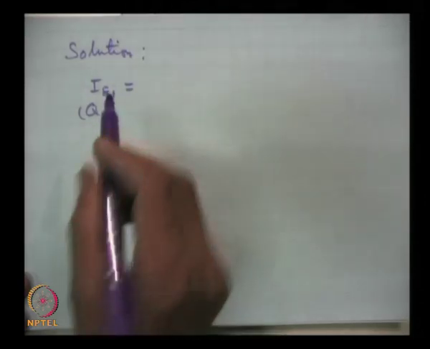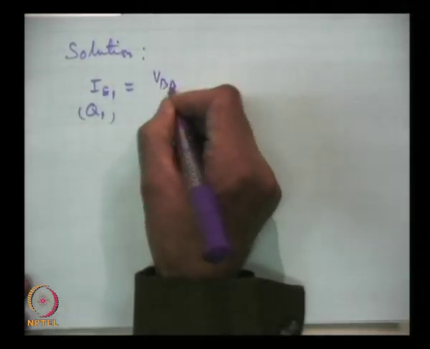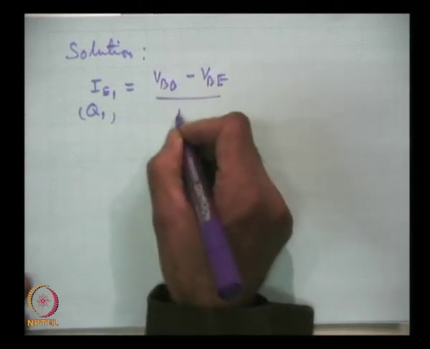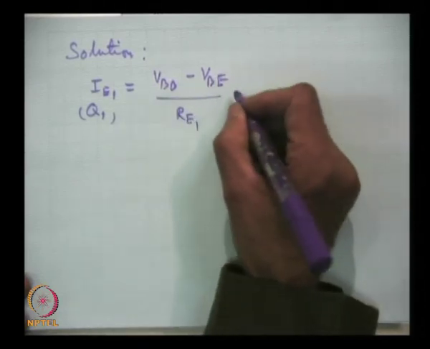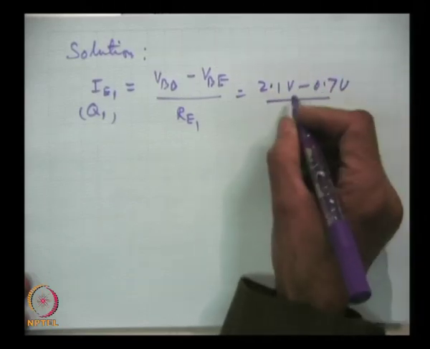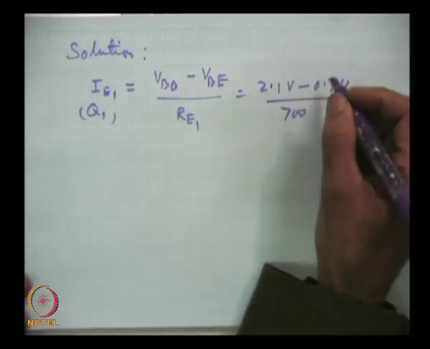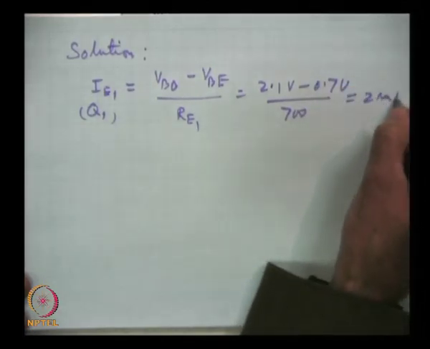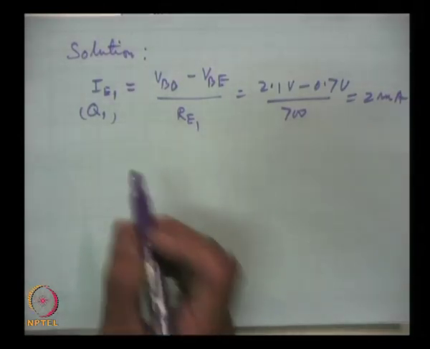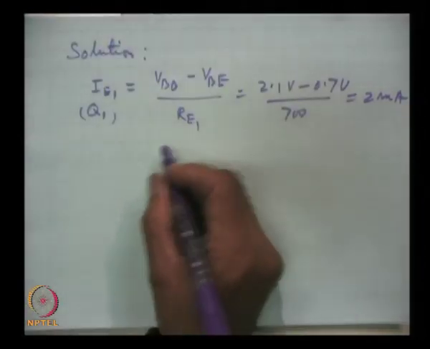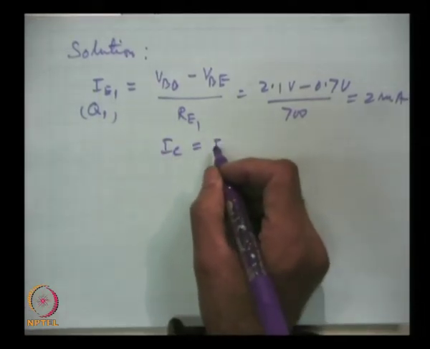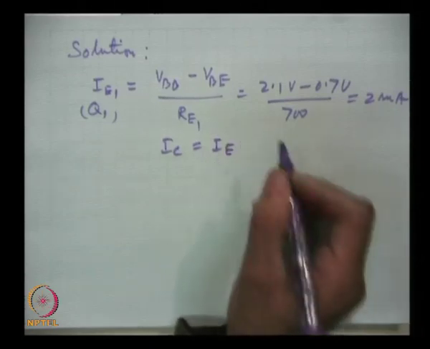So, IE1 of Q1 is VBB minus VBE divided by RE1, and this is 2.1 volts minus 0.7 volts by 700 ohms, and this gives 2 milliampere. And so, this 2 milliampere IC and IE, they are the same. IC always in bipolar transistor analysis is equal to IE.